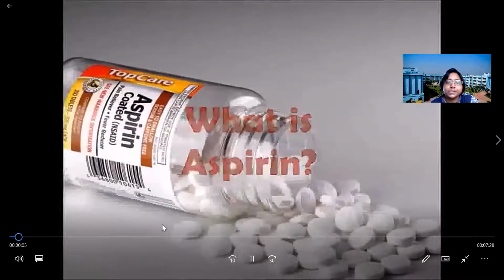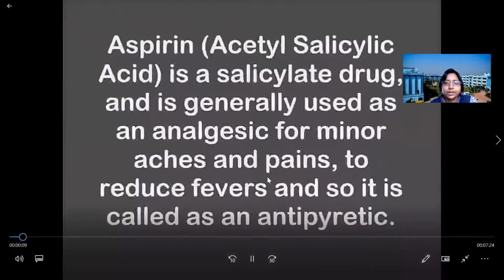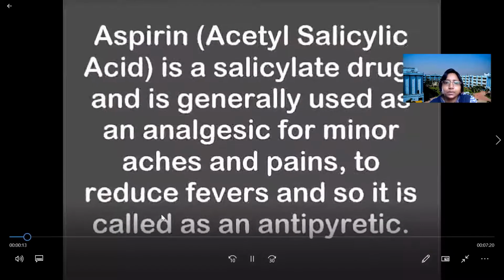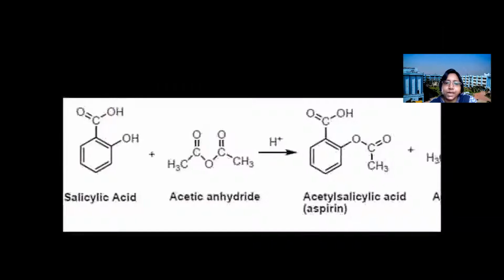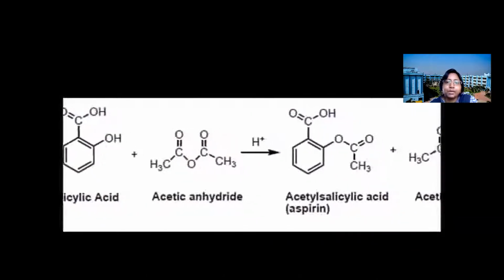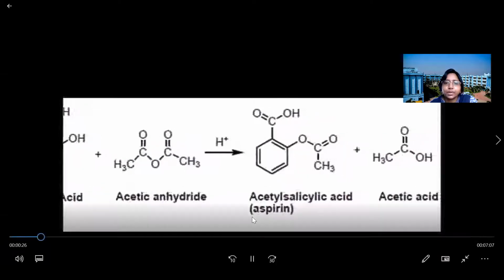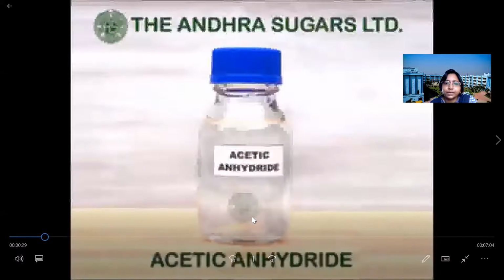So aspirin is a drug, as you have already learned, that relieves pain, and now you will learn how it is synthesized. You have already seen the formula and the reactions. Then what are the chemicals required?